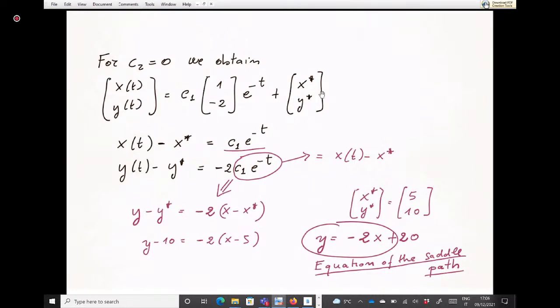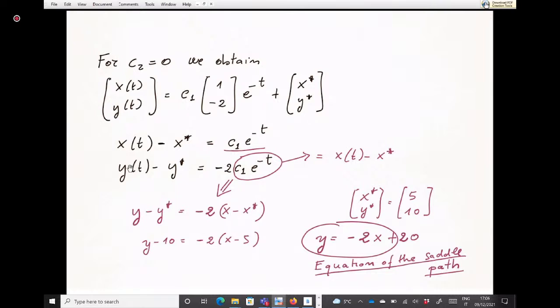Now, move the steady state part to the left and change the sign. You see that the deviation of x from its steady state level is equal to C1 times 1 times exponential of minus t, okay? And the deviation of y from its steady state level is equal to minus 2 C1 exponential of minus t, okay?